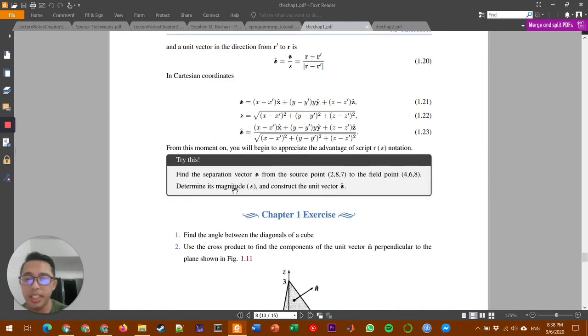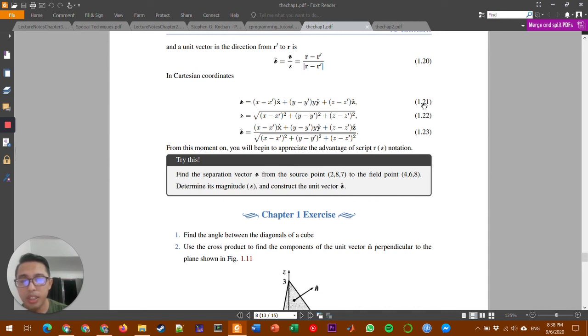So you can try this exercise. Find the separation vector script R from the source point 2, 8, 7 in Cartesian coordinates, 2 in x, 8 in y, 7 in z, to the field point 4, 6, 8. You can draw it first so you can better understand the problem. Then determine its magnitude script R, and then construct the unit vector.